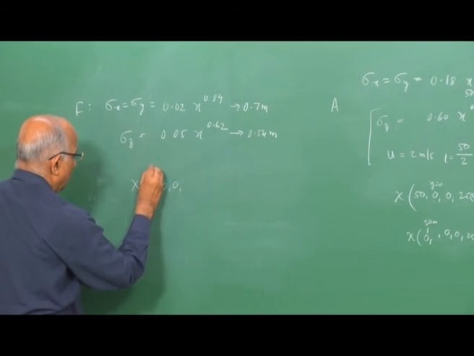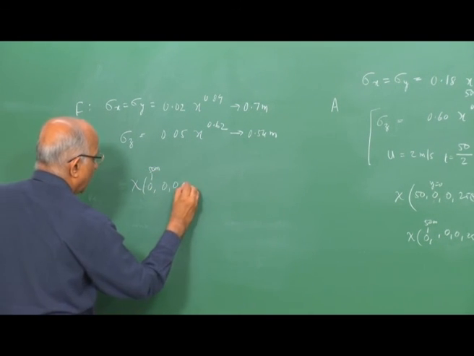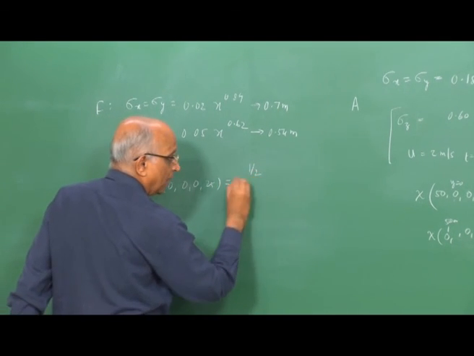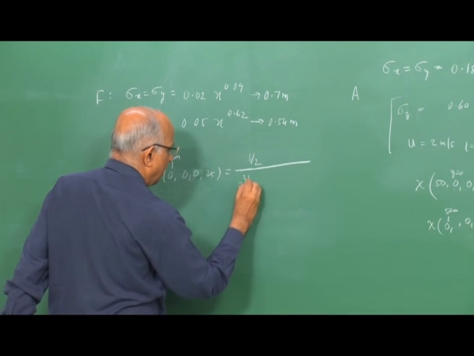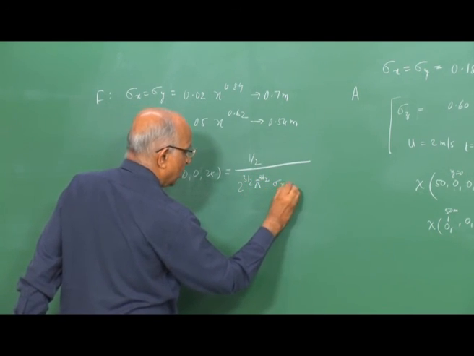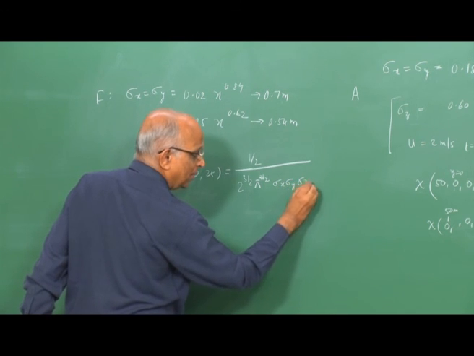And therefore, the concentration at 0, 0, 0, that means this corresponds to 50 meters, x minus ut is 0, corresponds to 25 seconds, is equal to again half divided by 2 to the power 3 by 2, pi to the power 3 by 2 into the value of sigma x, sigma y, sigma z.